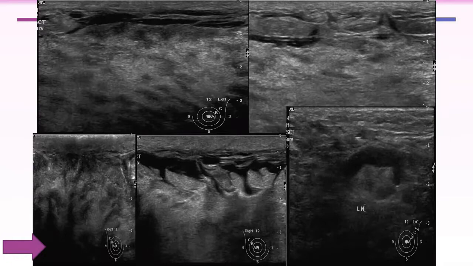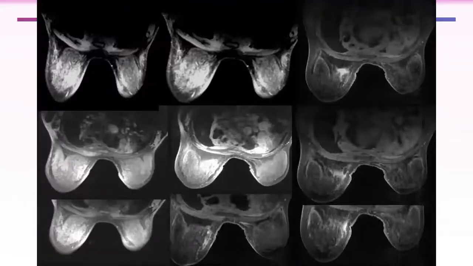metastatic disease. So this is the MRI for the same patient. Can you see any abnormality in this? Could you appreciate it? Okay. Diffuse breast infiltration, bilateral infiltrative changes in the breast.